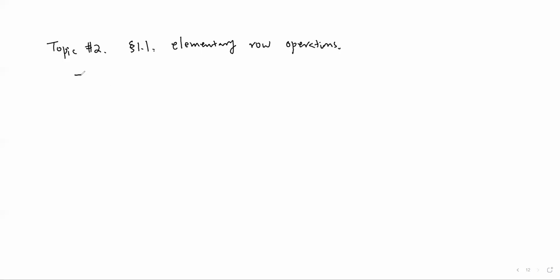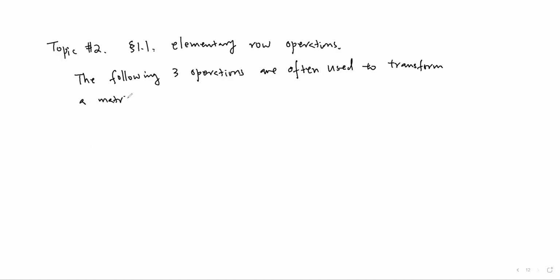Okay. The following 3 operations are often used to transform a matrix into another matrix.